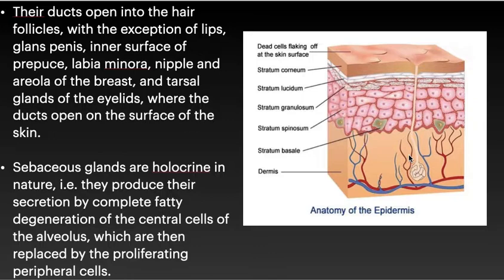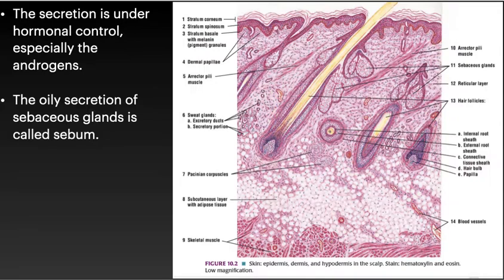Sebaceous glands are holocrine in nature, that is, they produce secretion by complete fatty degeneration of the central cells of the alveolus, which are then replaced by proliferating peripheral cells. Now, this secretion is under hormonal control, especially androgen. The oily secretion of the sebaceous gland is called sebum.